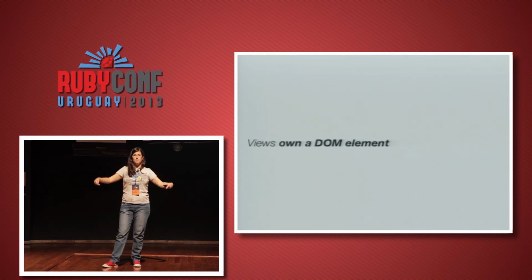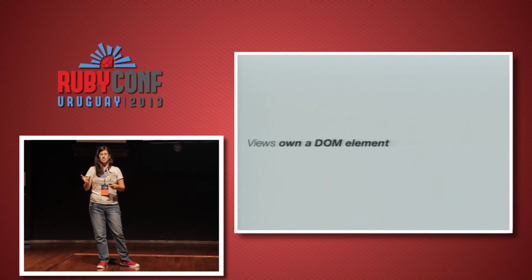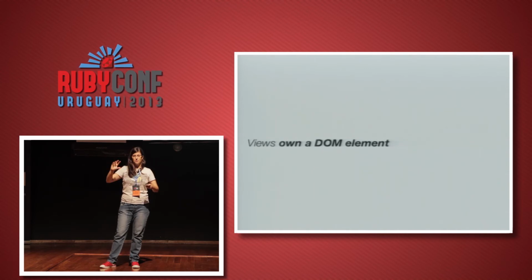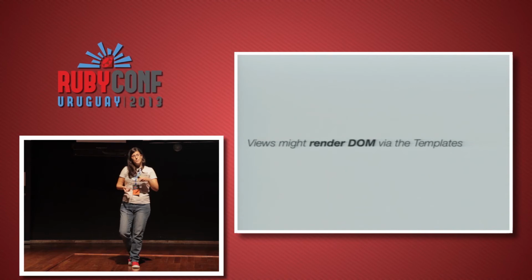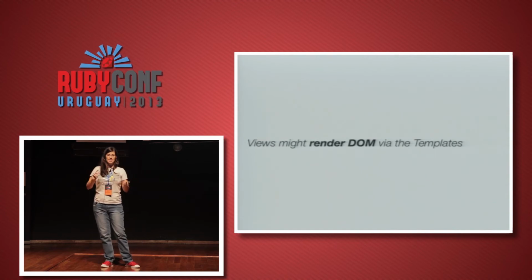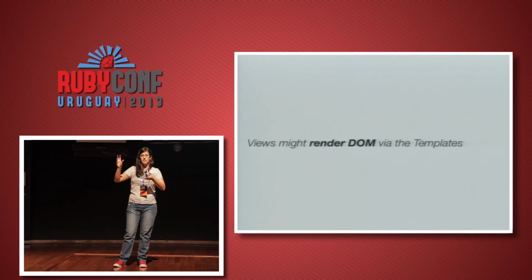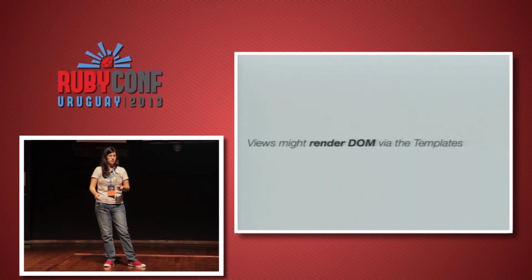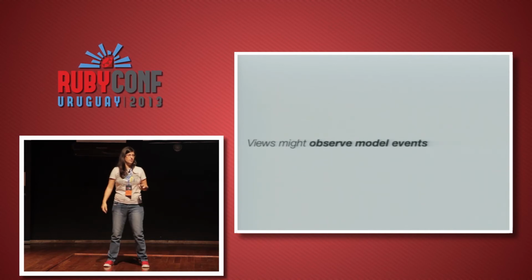The thing about views is that on the same screen you can have several views, and each reigns over a certain part, so different parts are rendered. And these views have the capacity of rendering DOM via templates. They send the data to the templates, which are deployed to an HTML string, and there you get the element.